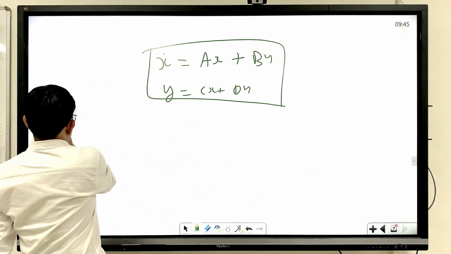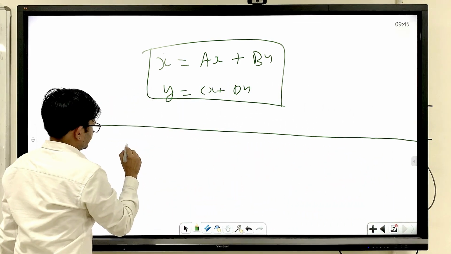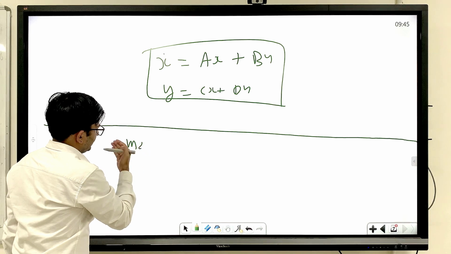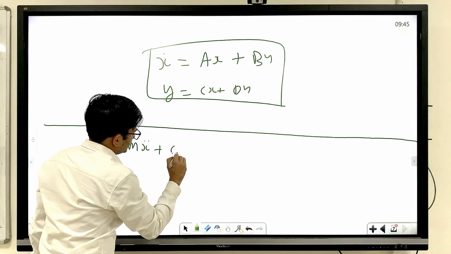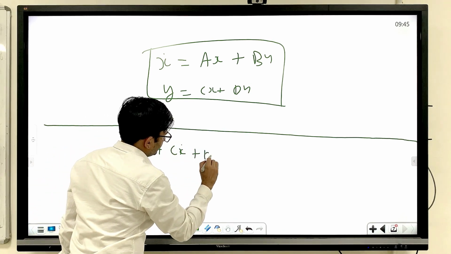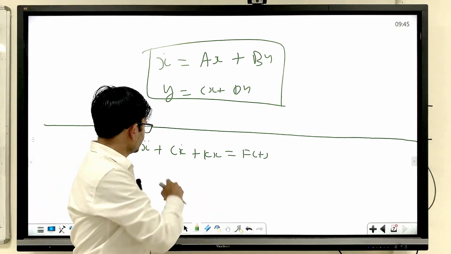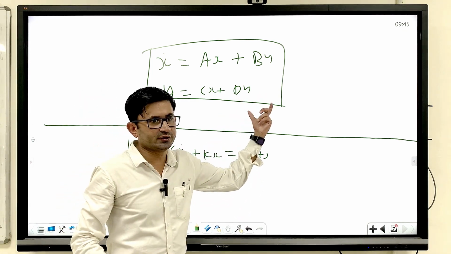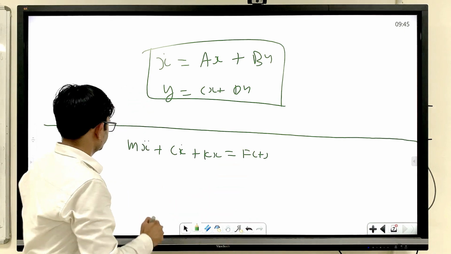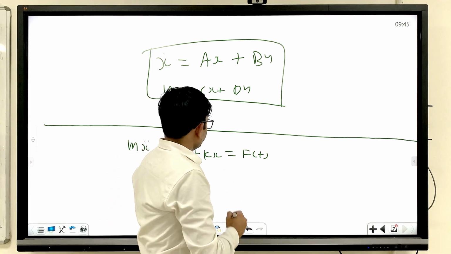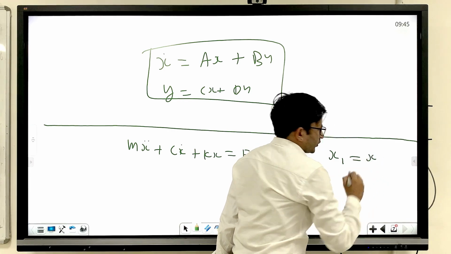Consider this simple spring mass system: m x double dot plus c x dot plus k x equal to f of t. In a spring mass system, consider one state x1 as the position.